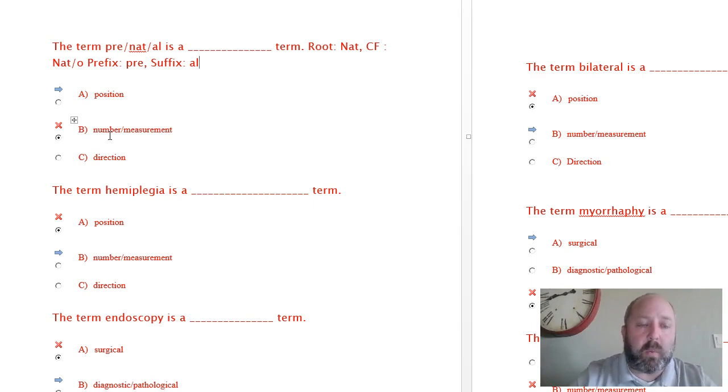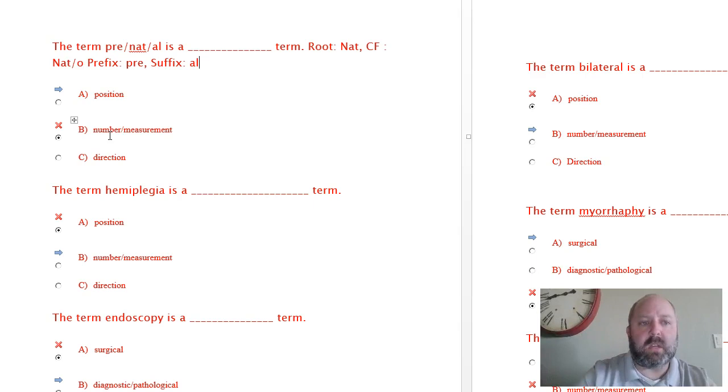It's just like if you're watching a football game, they always have the pre-game show and the post-game show, and those things are denoting a position. The pre-game show is before the game and the post-game show is after the game. So when we're talking about prenatal, you don't even really have to know the category this falls into if you understand the word.